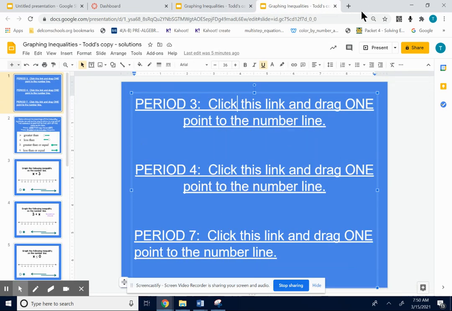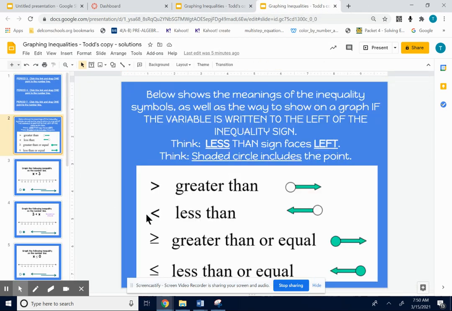Okay, let's go back to the slides. This is showing you how to graph inequalities like x is greater than a number, x is less than a number, x is greater than or equal to a number, or x is less than or equal to a number.